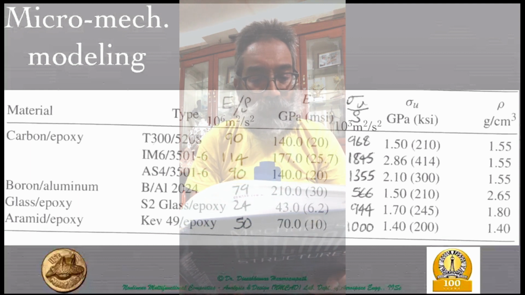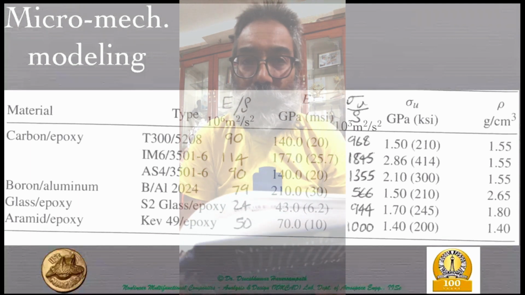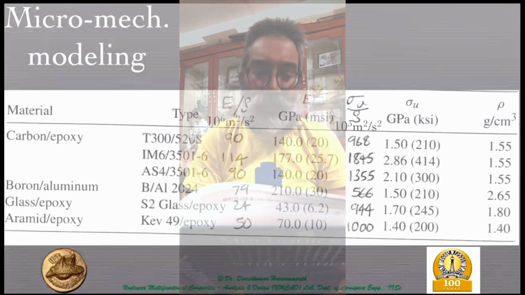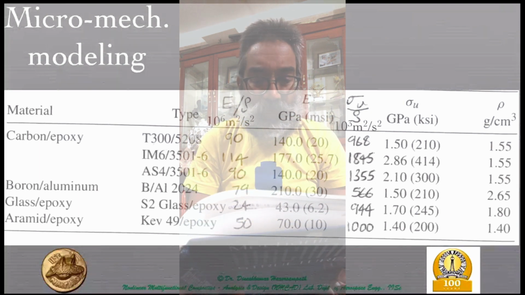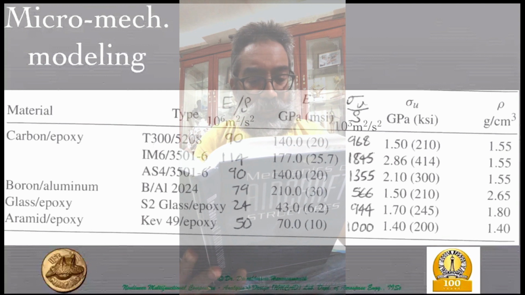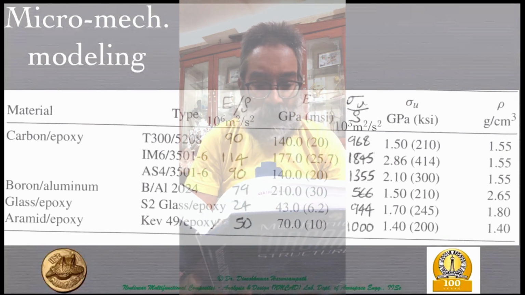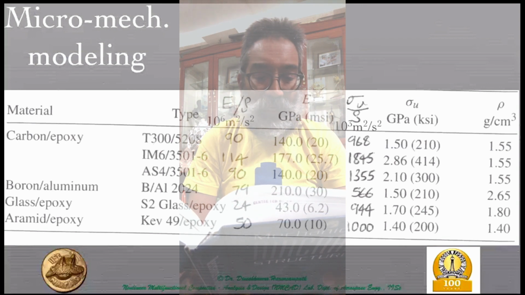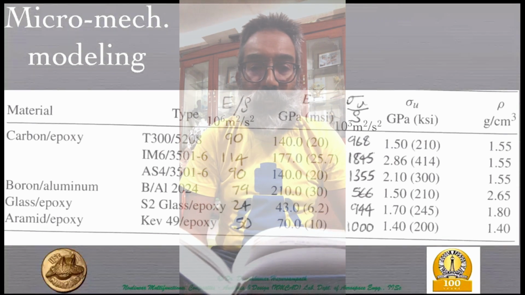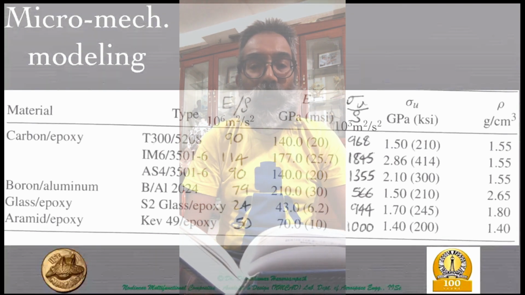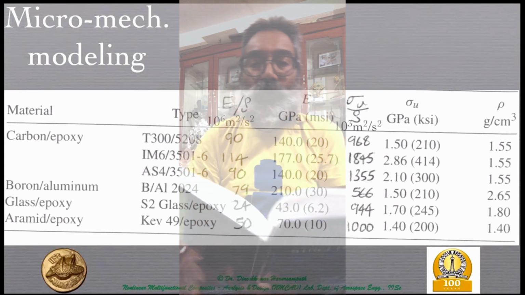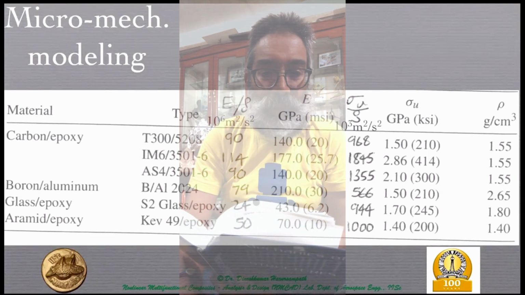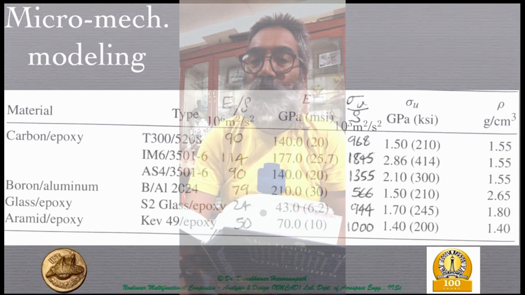The 2024 using a particular heat treatment, let's say T3, and the 7075, which uses a heat treatment T6. Now, both of these have an E by rho of the order of 26 in the same units, that is 10 power 6 meters squared per second squared. So that being the case, you see that is kind of comparable with what glass epoxy can give you.